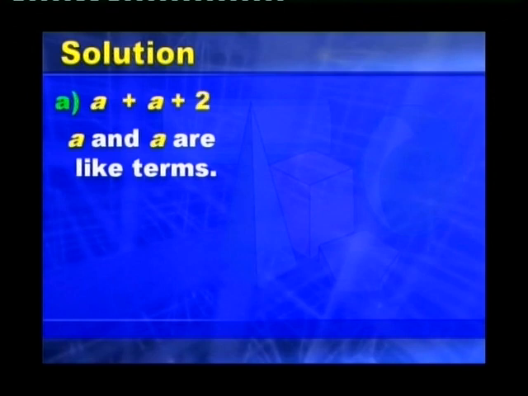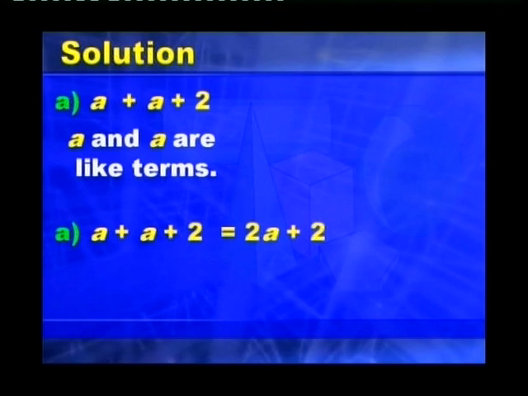So we can simplify by adding. 2 is not a like term, so we cannot simplify by adding. So A plus A plus 2 is equal to 2A plus 2.